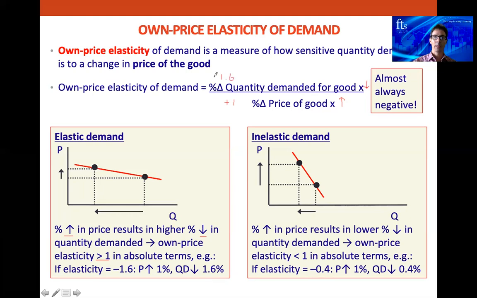So if we take minus 1.6 divided by 1, we're going to get minus 1.6. In absolute terms it means we just ignore this minus sign. So if the number is more than 1 in absolute terms, then we have what we call elastic demand.